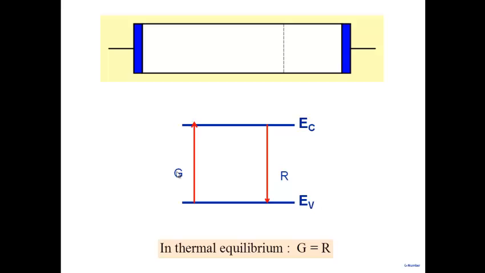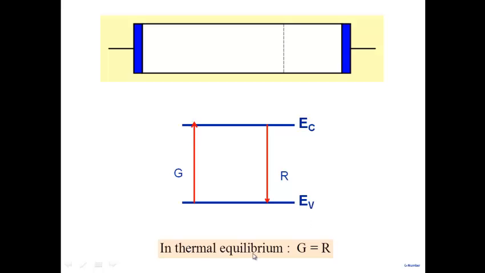The absorption of energy or release of energy could be thermal in nature, or it could be optical in nature. Optical in the sense that the energy that is absorbed to create an electron hole pair can be a photon, and energy which is released when an electron and a hole pair recombines, that can also be a photon. Okay, so these processes can take place mediated through a photon, or these processes can take place mediated through thermal energy here.